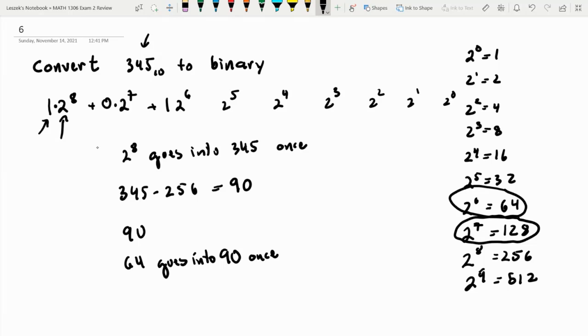So we're going to have a 1 for 2 to the 6, and that's 64. So now we update our number: 89 minus the 64 we just took care of. So that gives you 25, I guess.